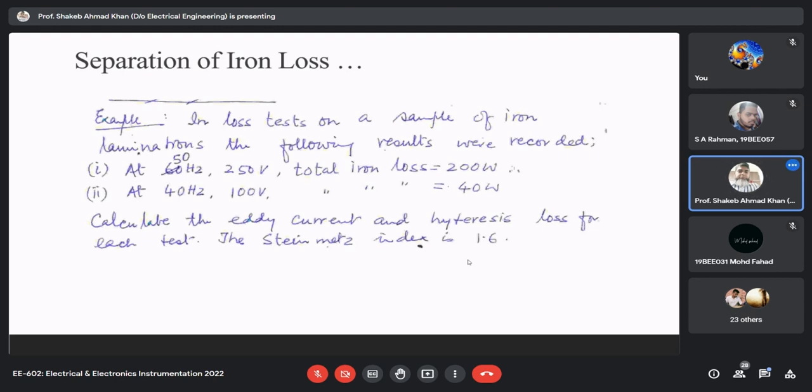Steinmetz index is 1. So in this case, you have to find out the eddy current loss and hysteresis loss at 50 hertz and at 40 hertz, both the cases. Now, my question here is, can we use the graphical method for this problem or for this set of data? Yes, please.